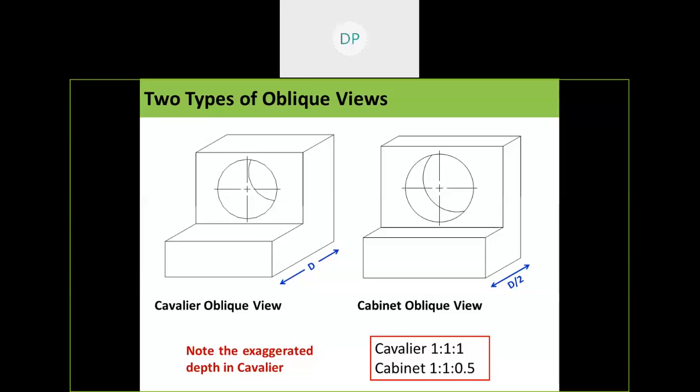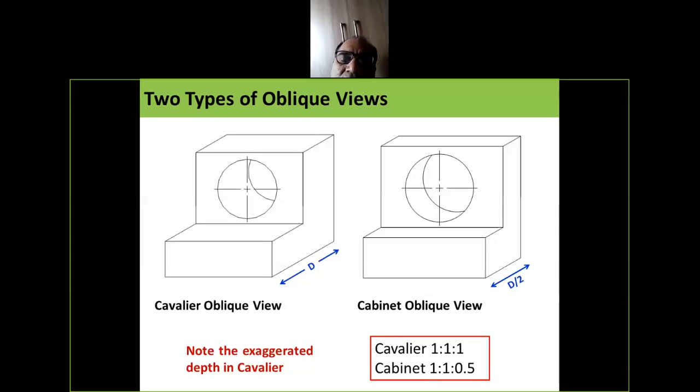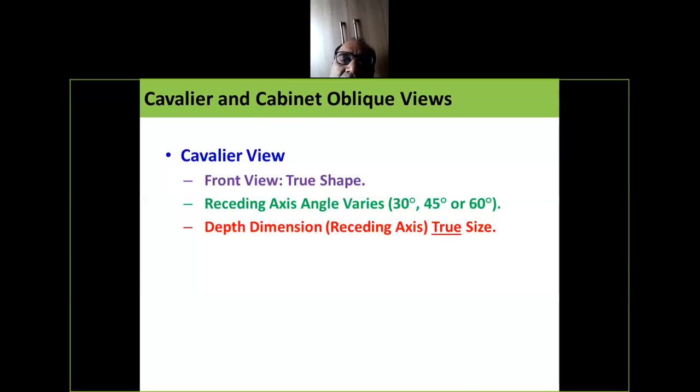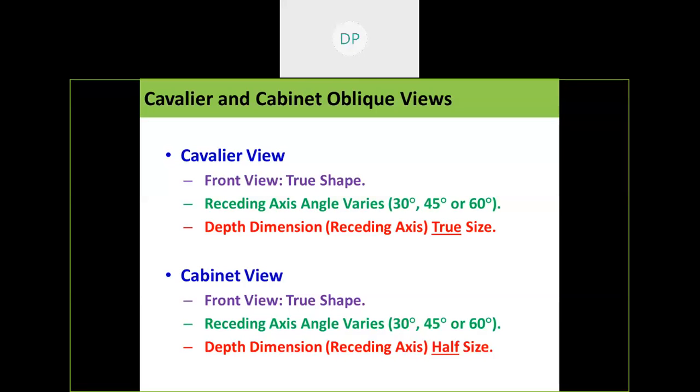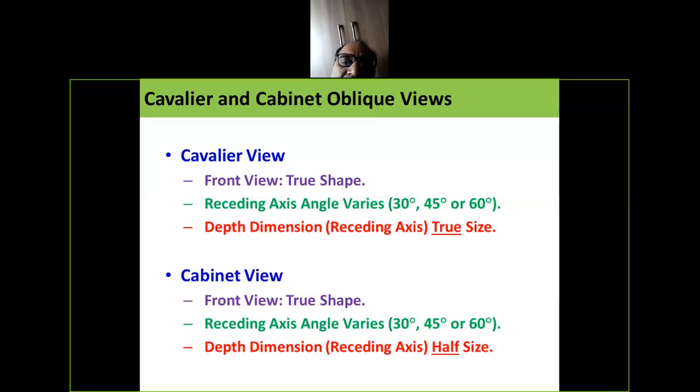Cavalier means exact size; cabinet uses a reduced size. In that case, we take the depth as the smaller dimension; that is, the scale is 1:1:half. In the cavalier view, the front shape is the true shape, and the receding axis may be 30 degrees, 45 degrees, or 60 degrees, with depth dimensions at full size.